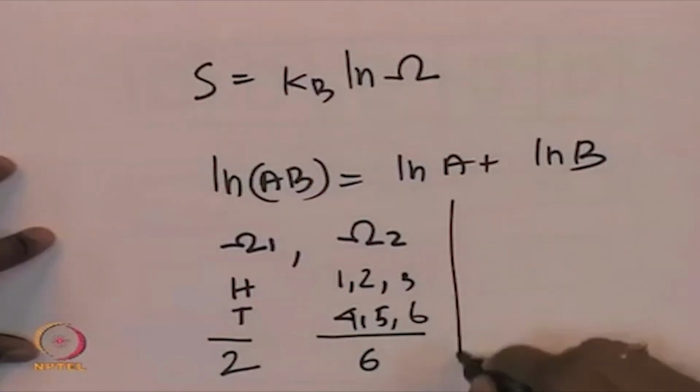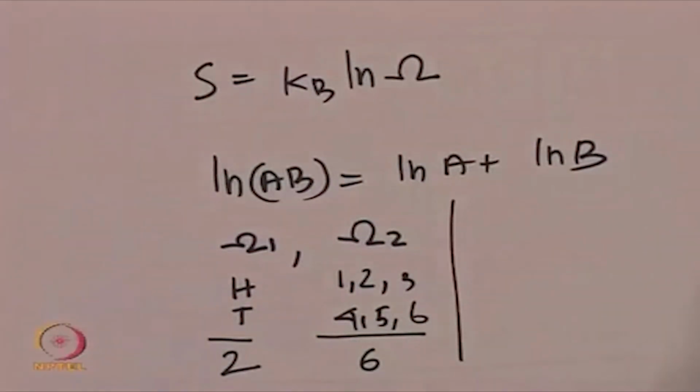Now imagine that you have a die in one hand and a coin in another hand, and you are throwing both of them at the same time. The coin will come head or tail, and the die will have 1, 2, 3, 4, 5 or 6. Now you ask the question, what is the total number of states?